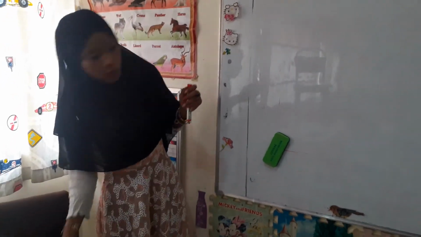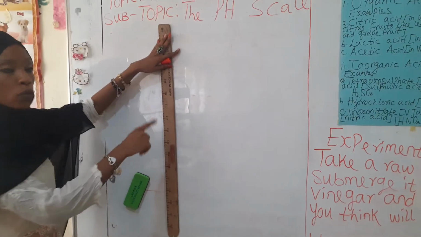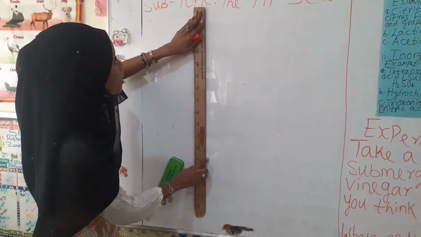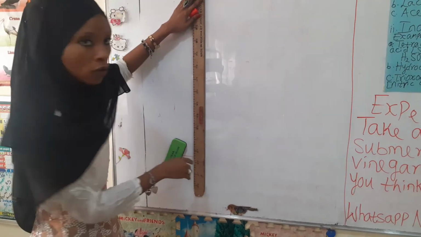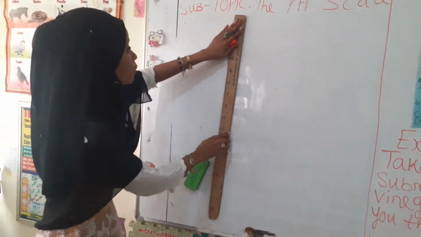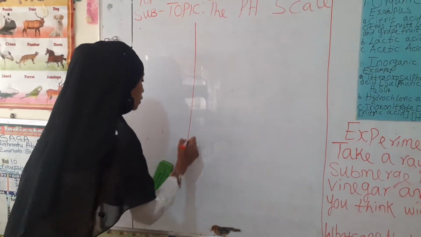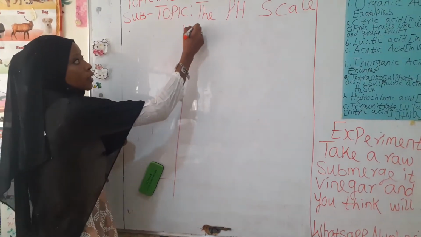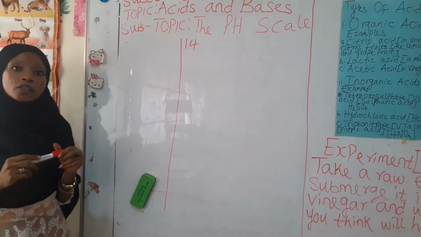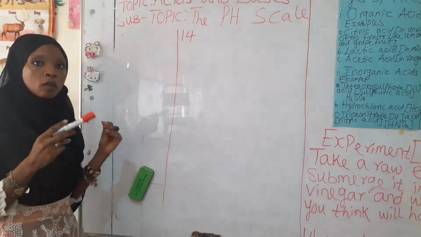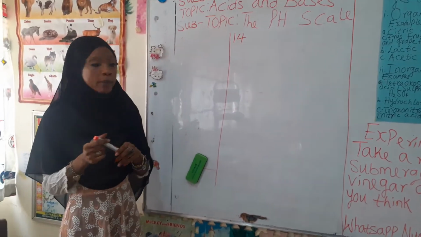Let's consider the pH scale to be a ruler that we can use to test for the acidity or baseness of a substance. There are 14 possible point values on the pH scale, and each value represents a level of acidity or baseness.